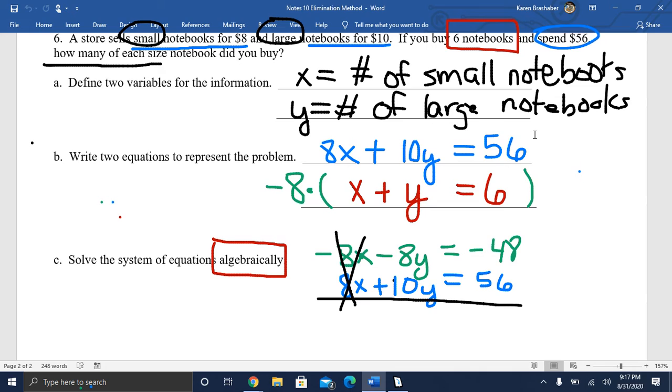I have 10y and negative 8y, making 2y equals, and then I have negative 48 and 56, and that will add to 8. I can divide both sides by a 2, and that gives me y equals 4.